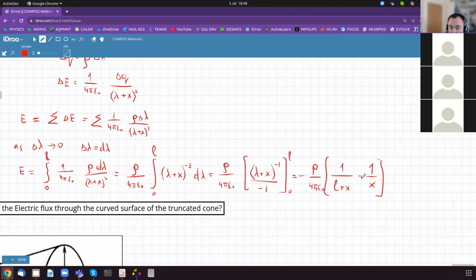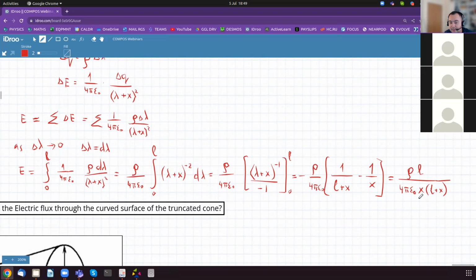It's going to be x minus L minus x. So x cancels out. It's going to be minus rho L, and you have minus here, so it's going to be rho L divided by 4 pi epsilon naught, and then here you will have x multiplied by L plus x. And that's it. That's the relationship.